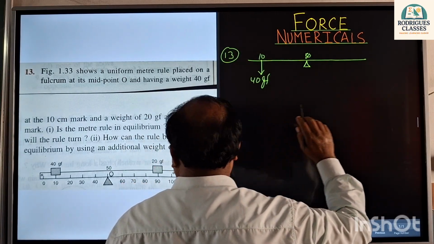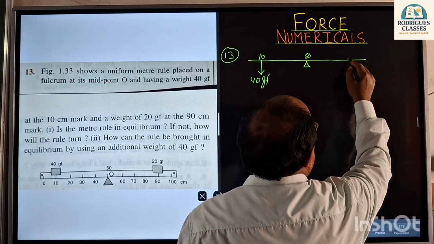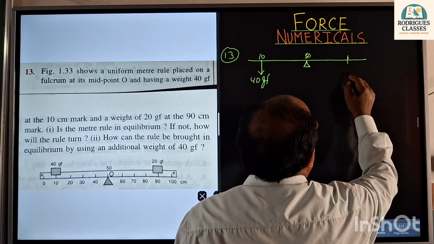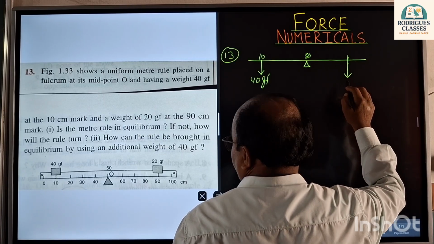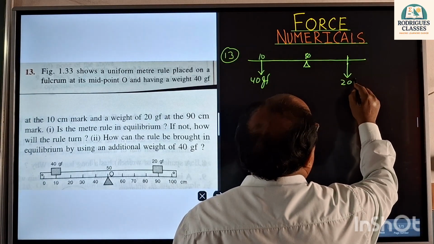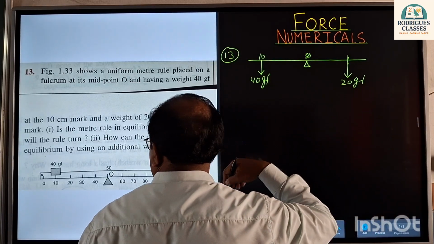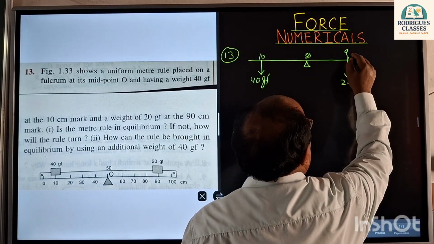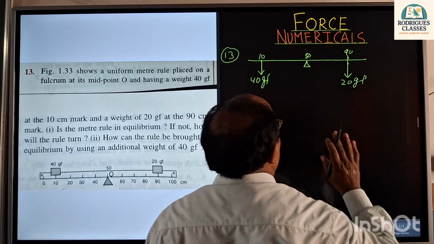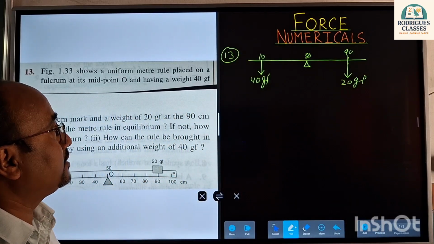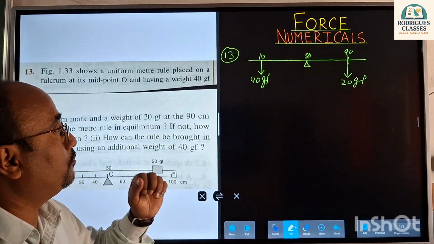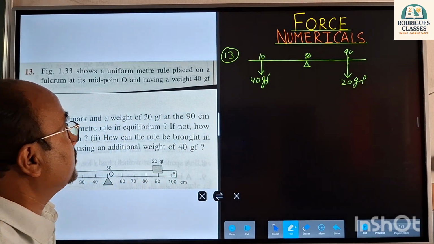That is the point O, and then we have over here a weight acting, that is 20 GF, and it is at the 90 mark. Okay, so this is currently the diagram.